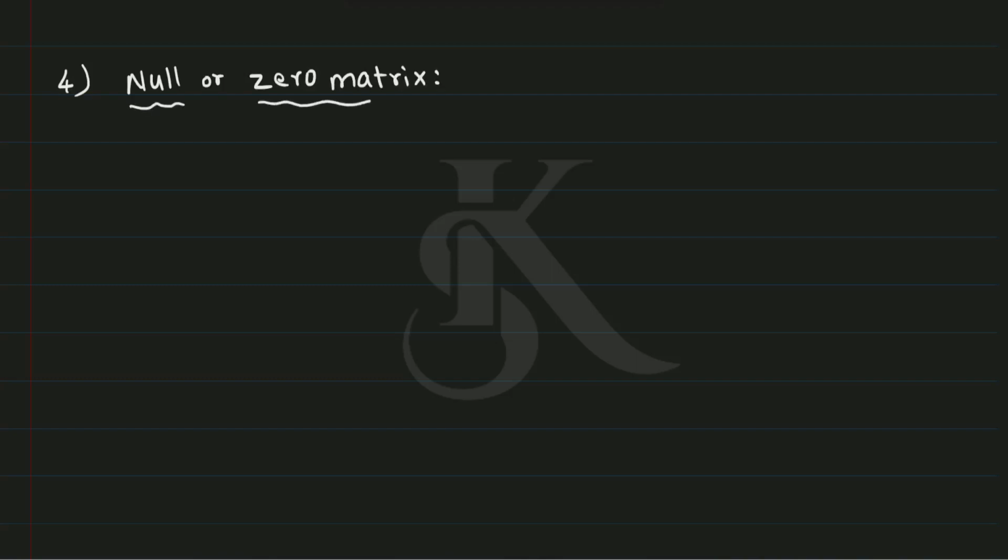Every element of the matrix is 0. If all the elements of the matrix are 0.